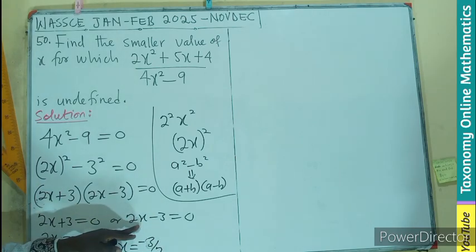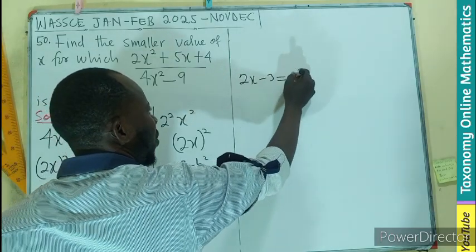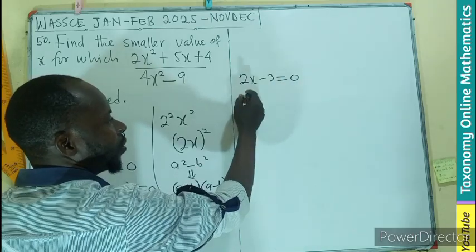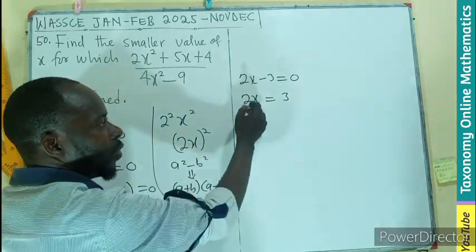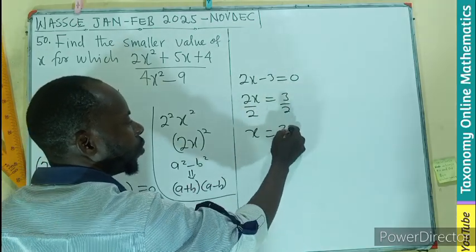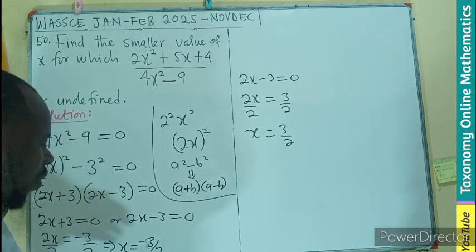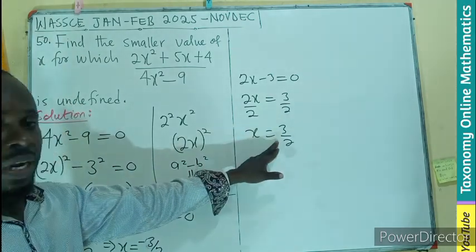Then we need to also look at the fact that 2x minus 3 also equals 0. When we transpose this out, your 2x will be equal to positive 3. When divided by 2, x will be equal to 3 over 2. So we are having two values of x: minus 3 over 2 and positive 3 over 2.